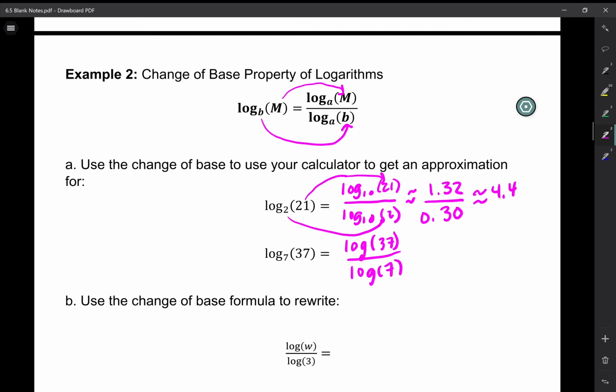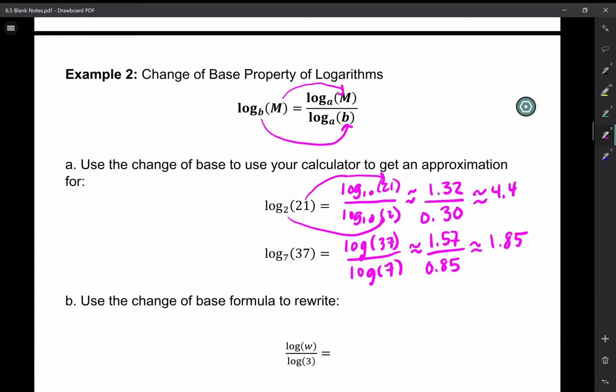Log of 37 is about 1.57, and log of 7 is about 0.85. So 1.57 divided by 0.85 is about 1.85. So 7 to the 1.85 is 37.